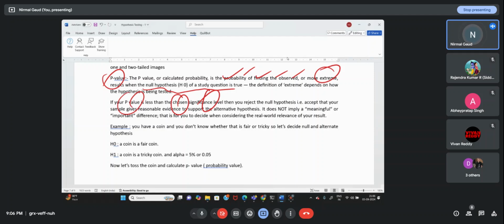So we do calculate the probability, and for calculating the probability, we take a ratio of certain terms according to the formulation which we are applying in ANOVA or in chi square, whatever we are doing.